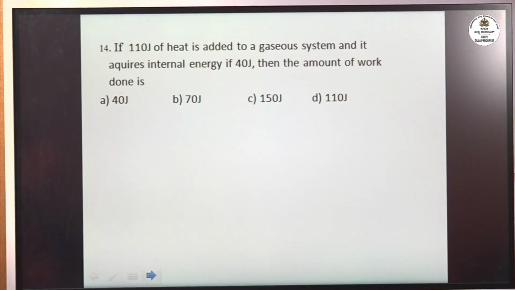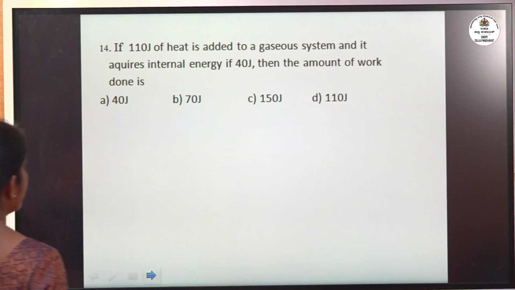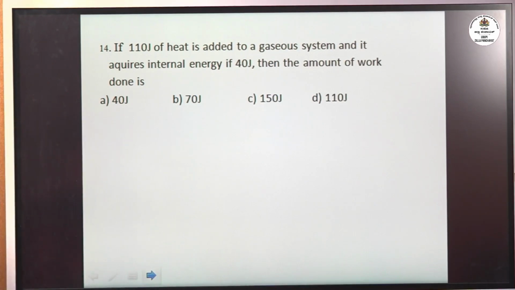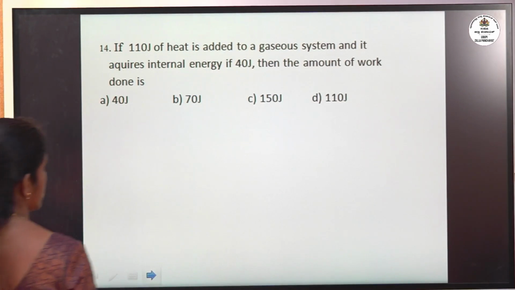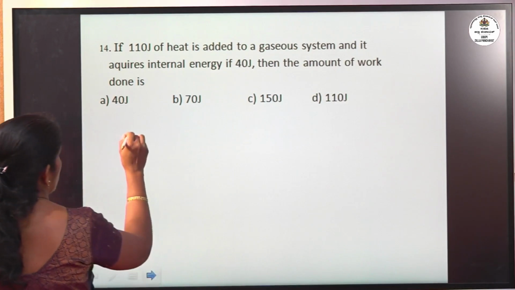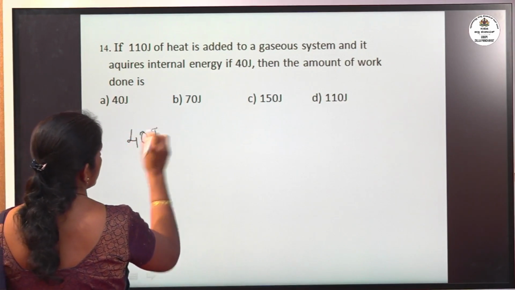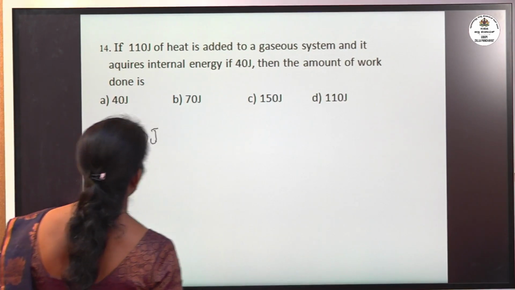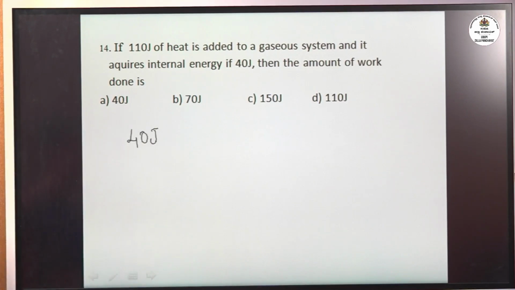Let us go to the next question. The next question is based on thermodynamics. If 110 joule of heat is added to a gaseous system, it acquires internal energy of 40 joule. Then the amount of work done will be.